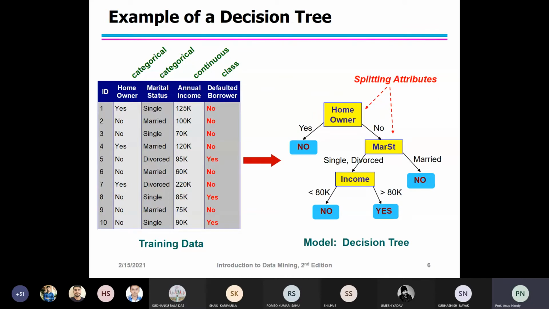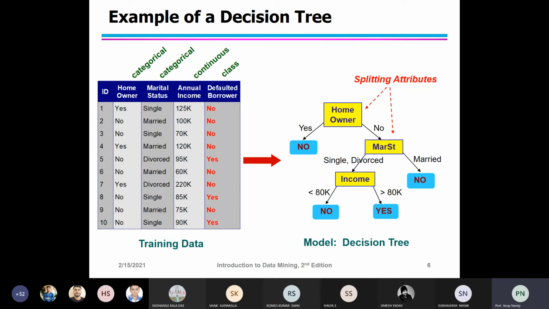Every problem that can be solved using the decision tree, this tree will have three types of nodes. As you can see in this graph, you have the three types of node. One is called the root node. The root node has no incoming edges and zero or more outgoing edges.